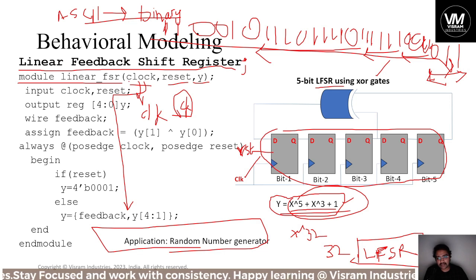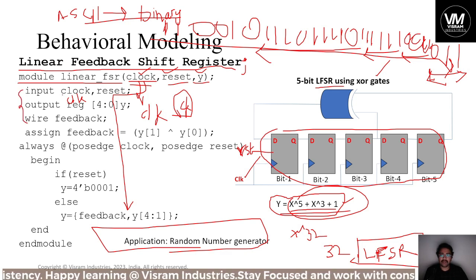You can't write CLOCK here and CLK there. It won't match. So whatever input you declare in the first part, in the second part, in the inputs and wires, you need to mention them and assign the feedback value.